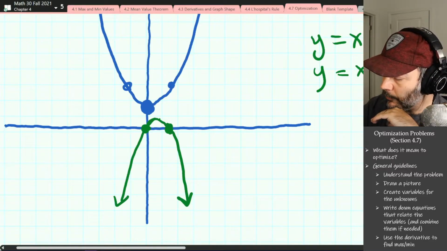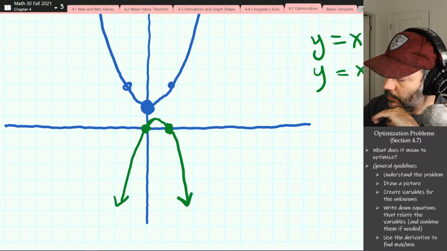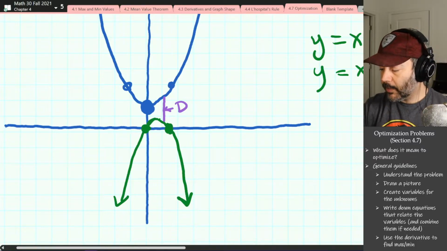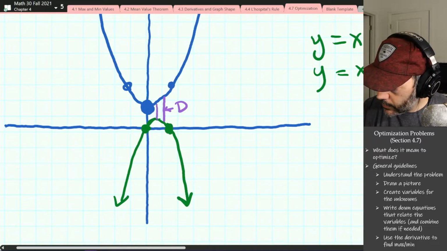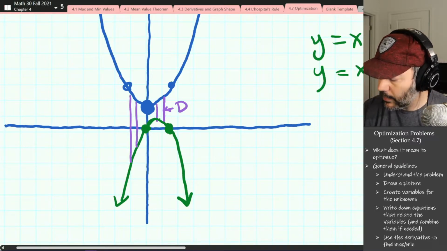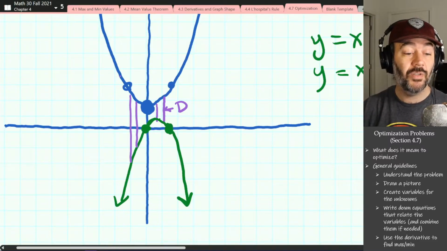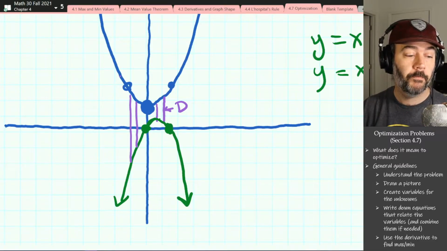The distance between these graphs is this vertical height. So this would be D. But can you see that there are different places where the distance is much greater and much less? So there's going to be a place where the distance between the two is minimized.